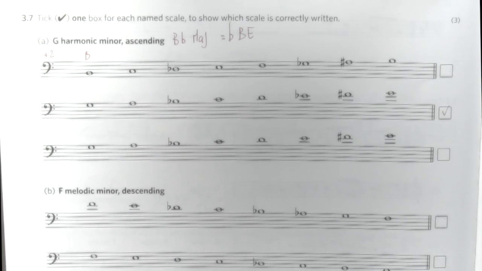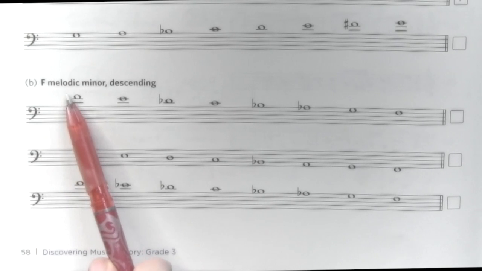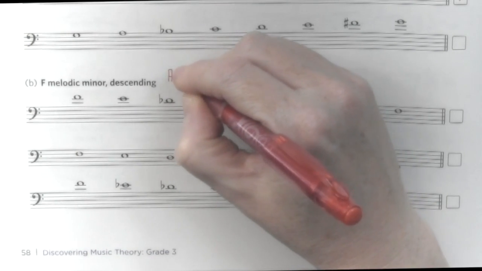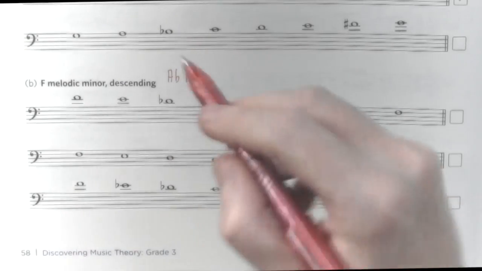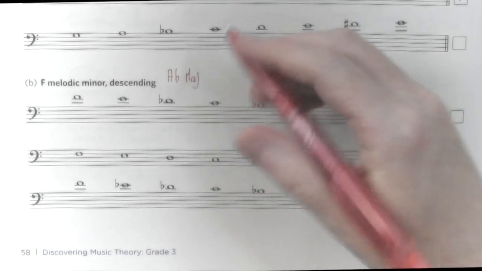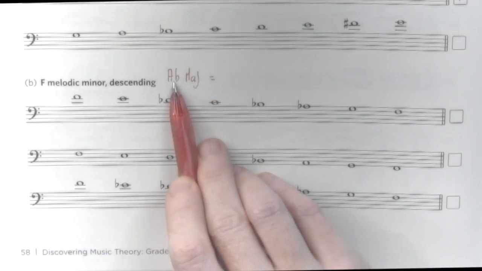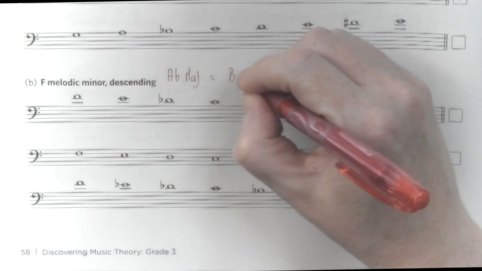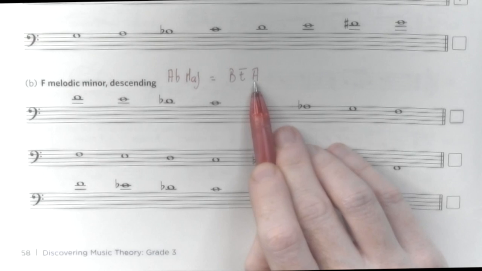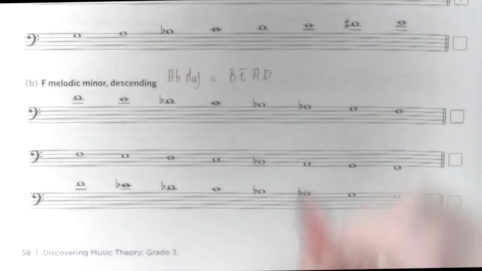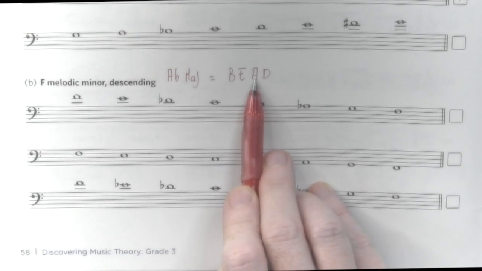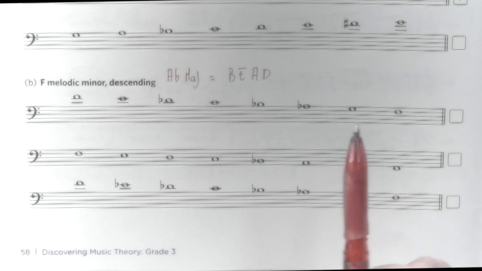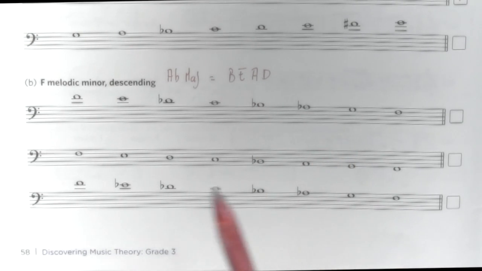Are you happy with this? Second example. F melodic minor. F minor is the relative minor of A flat major, 3 semitones above, 3 steps on the keyboard. And A flat has 4 flats and D is the penultimate flat. So Si, Mi, La, plus another one, Re. Big elephants, 8 dinosaurs. Let's have a look.